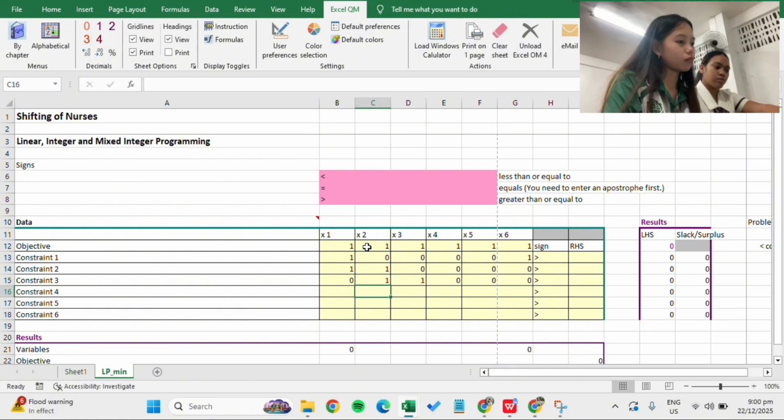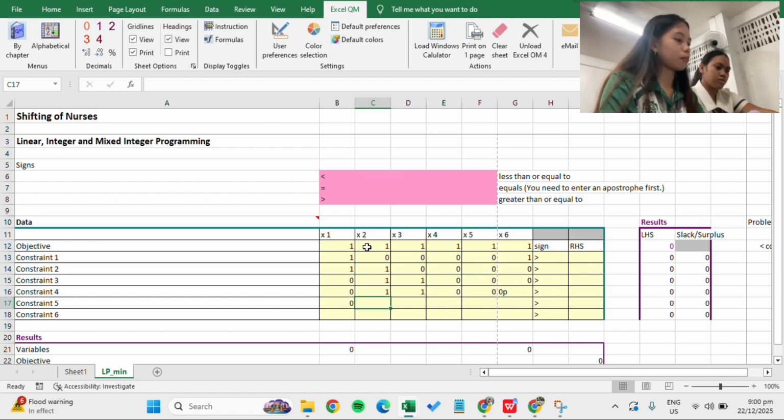Constraint 4: X1, 0. X2, 1. X3, 1. X4, 0. X5, 0. And X6, 0. Constraint 5.